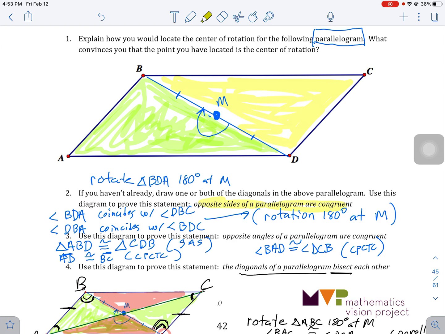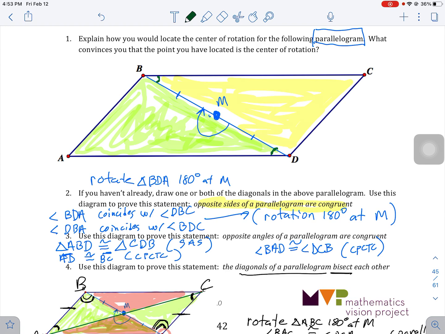And so therefore we have two congruent triangles after a 180 degree rotation. One of the things that we can say is that the angle BDA, this angle right here, will coincide with the angle DBC. So those must be congruent.